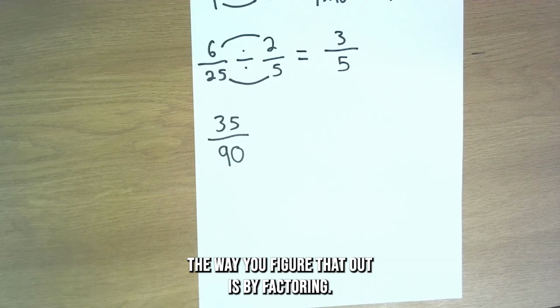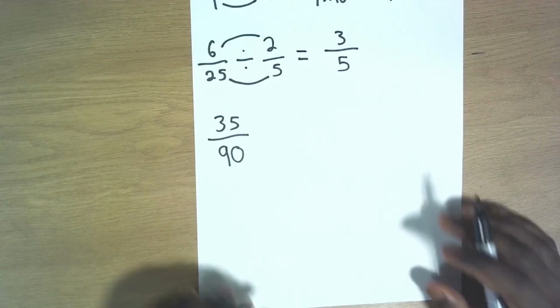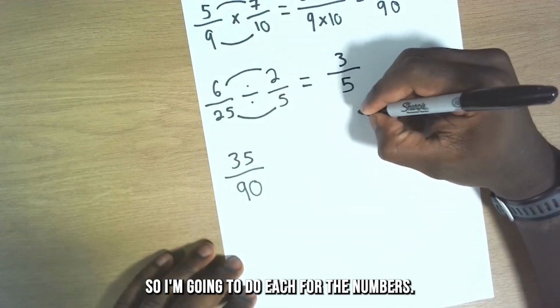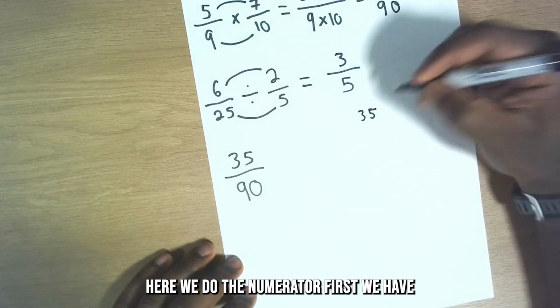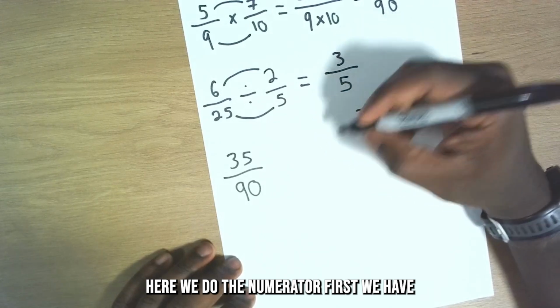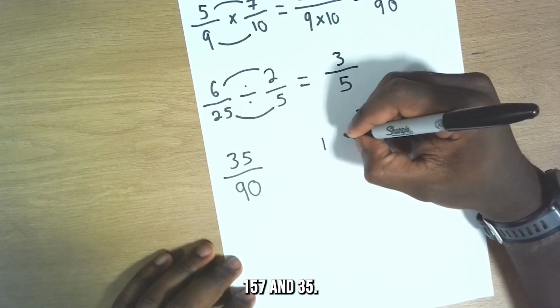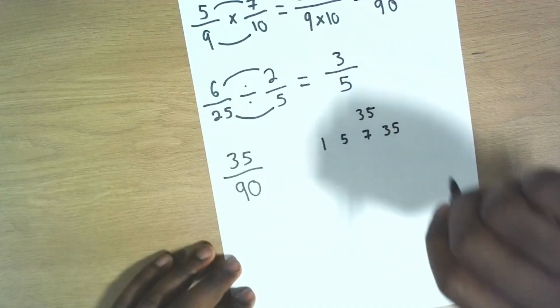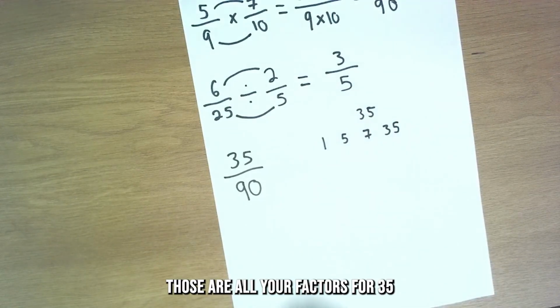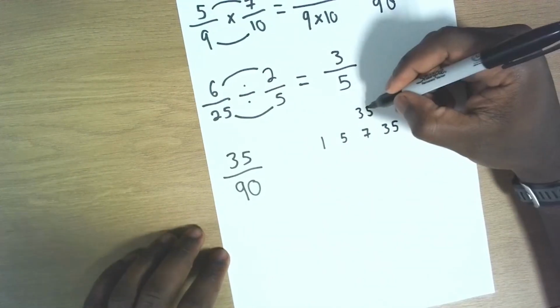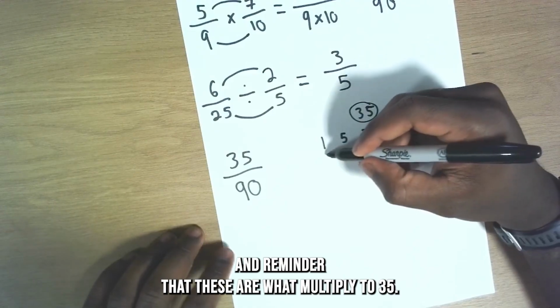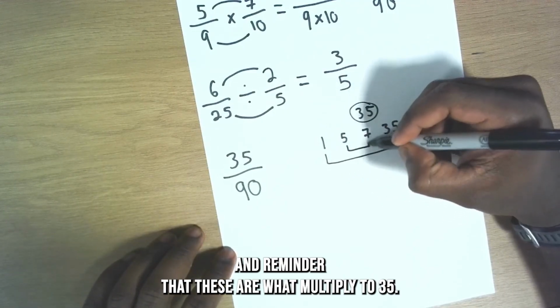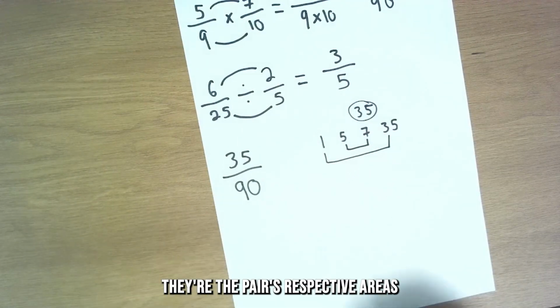The way you figure that out is by factoring. So I'm going to do each of the numbers here. We're going to do the numerator first. We have 1, 5, 7, and 35. Those are all your factors for 35, right? And reminder that these are what multiply to 35. They're the respective pairs.